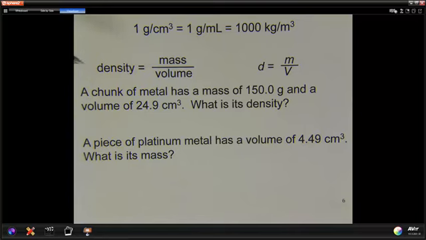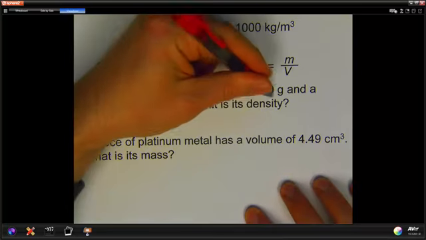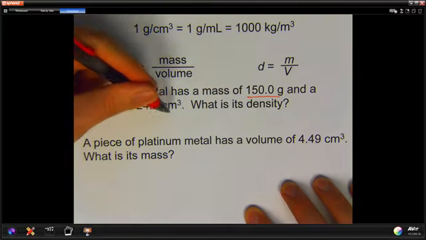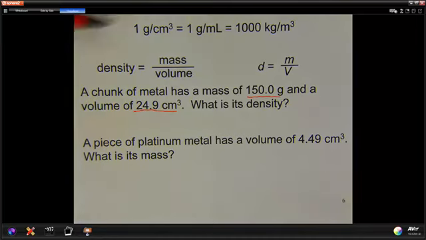I am showing here, I'm going to go through this problem. So the first question, a chunk of metal has a mass of 150 grams. I'm going to underline that to remind us that it's important, and a volume of 24.9 cubic centimeters. Okay, so if we know the mass and we know the volume, we can find the density just by using this definition.